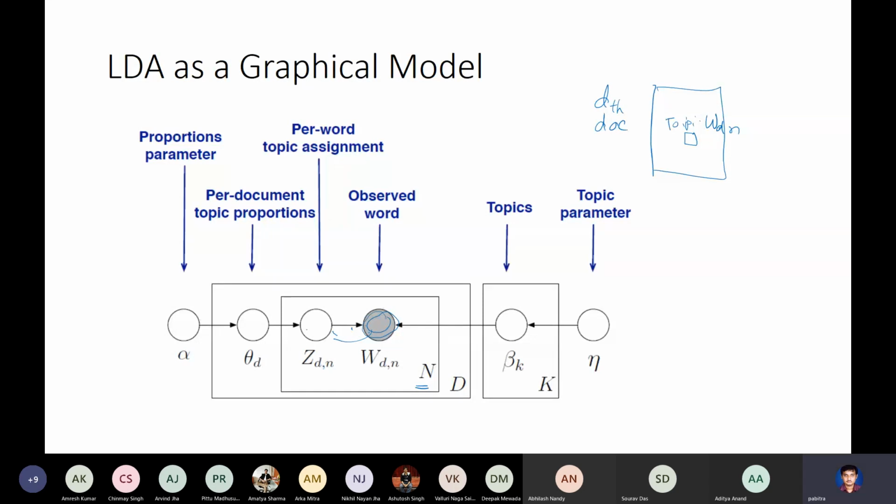So theta d is the per-document topic proportion for the d-th document, and that influences Z_dn. This is again done for every document in the corpus, every capital D document, so this is replicated capital D times. So that's why I have this plate.